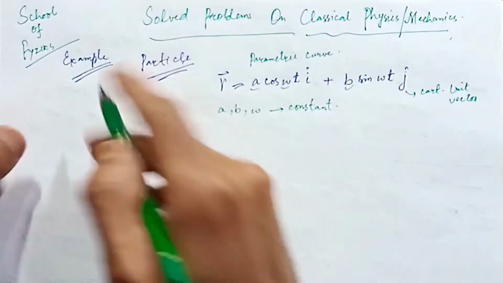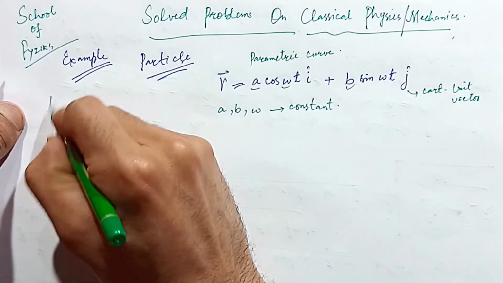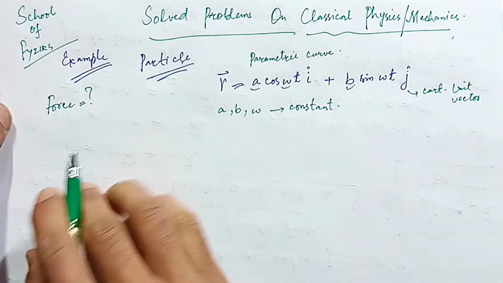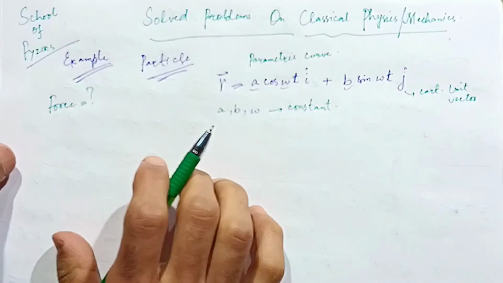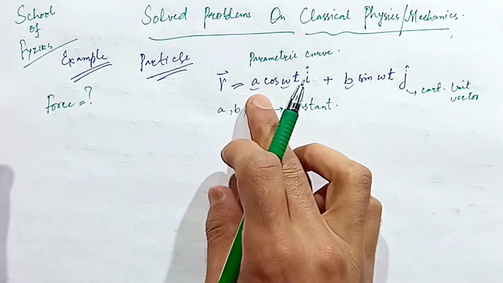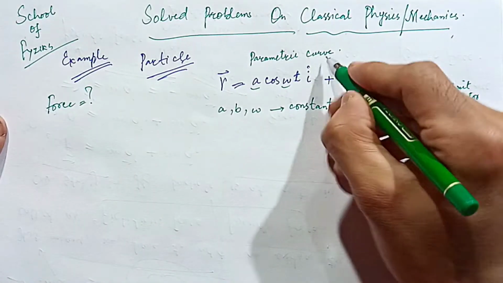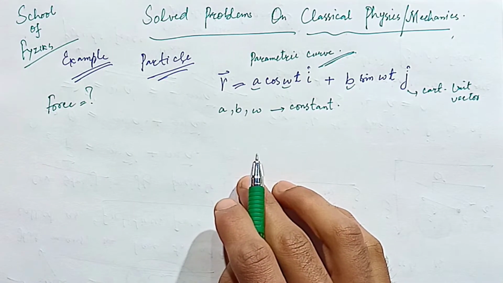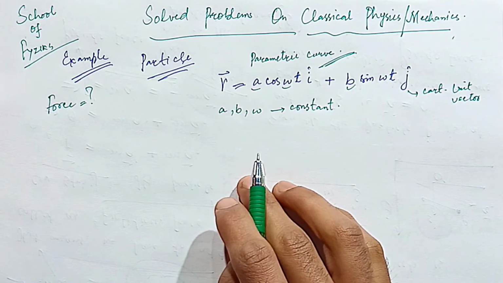So in that case we have to find the force and comment upon the type of force acting onto this very particle if it is moving along this parametric curve. So motion is given along this very curve. We have to calculate its force and discuss what kind of force it is.